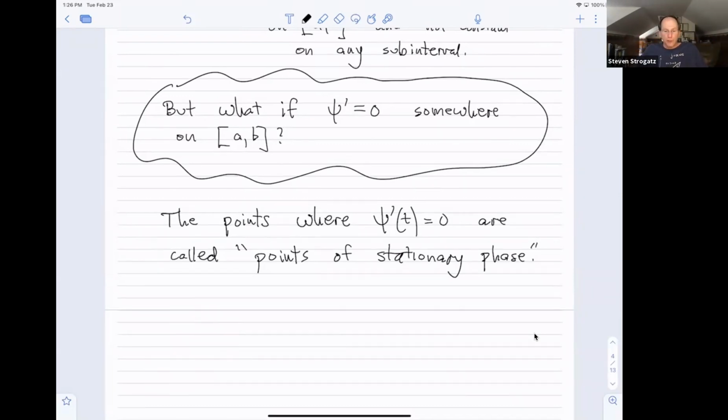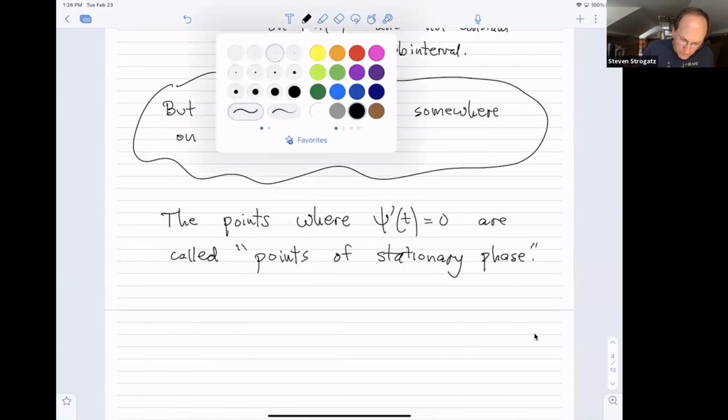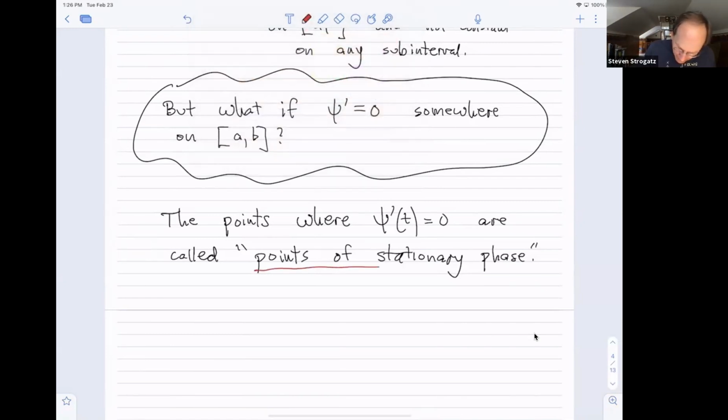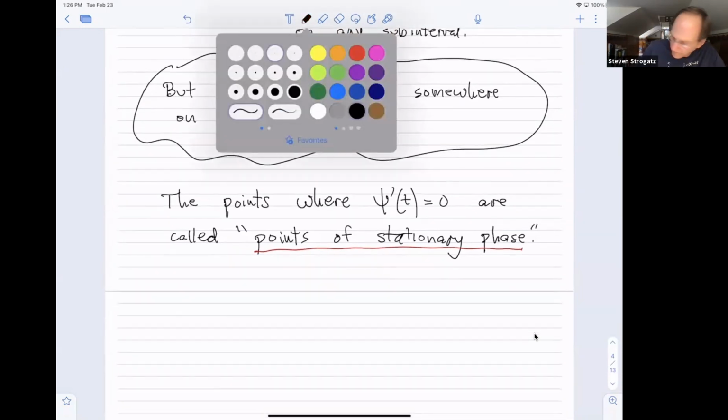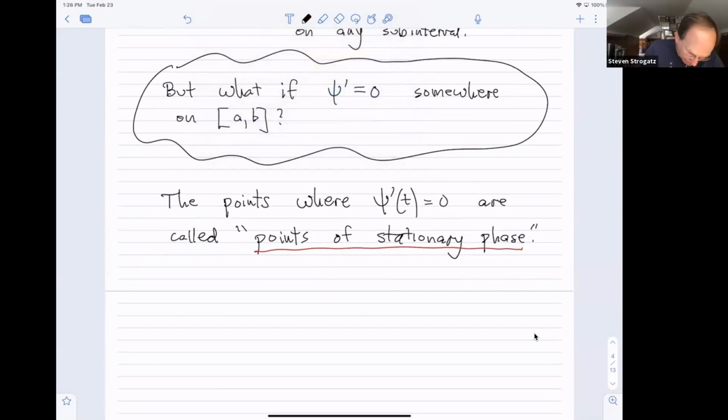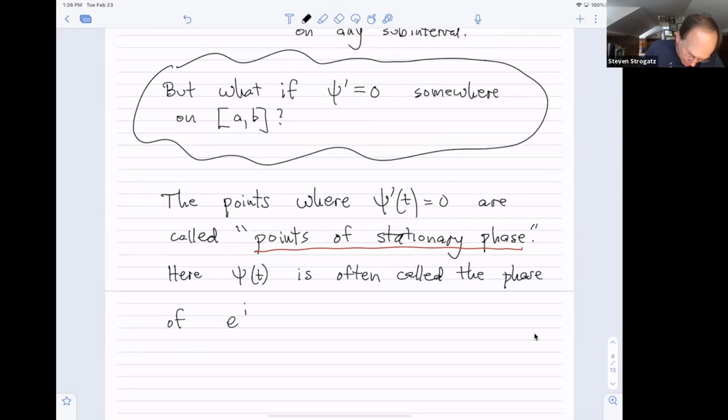So in that language, the function that I've been calling psi is what's considered the phase. Psi of t is often called the phase of this expression e to the I x psi of t.